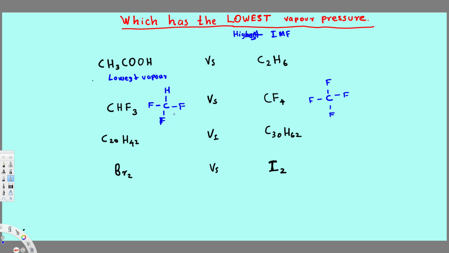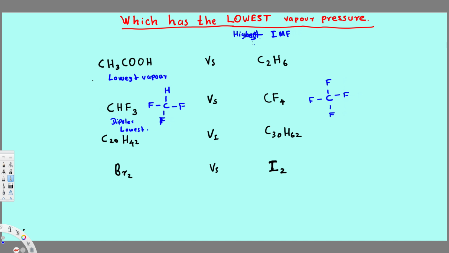It doesn't have hydrogen bonding, so it's going to be dipole-dipole. Dipole-dipole is a stronger force than London dispersion, so this is going to have the strongest force, and we can say this has the lowest vapor pressure.